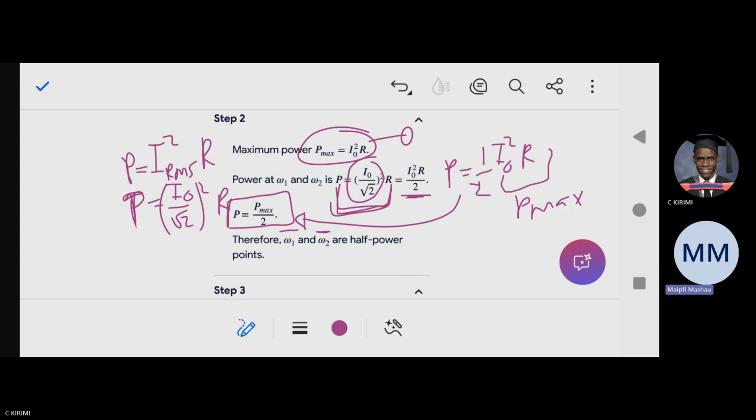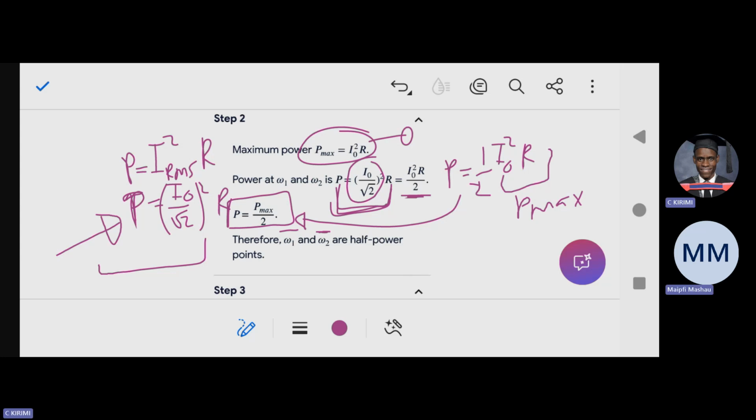So when you're writing, you start with P is equal to this, and then P max, and then you show how you derived the formula until you see the relationship between P and P max. The relationship is that P is equal to half of P max.